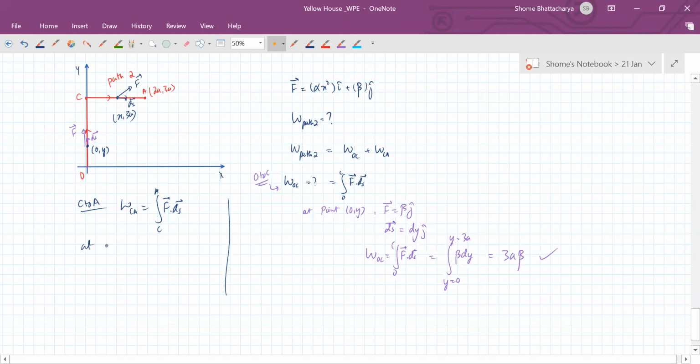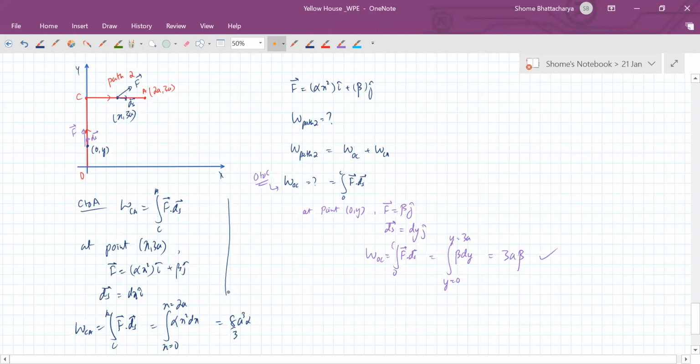So at any point x comma 3a, F is that same value. Okay, and the displacement is dx i cap. So work done from C to A will just become alpha x square dx from x equal to 0 to x equal to 2a. So that will give us 8 by 3 a cube alpha.